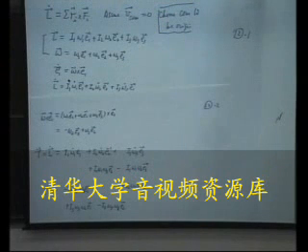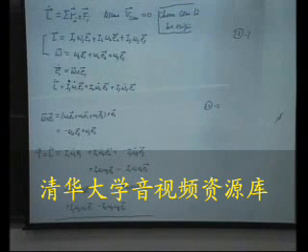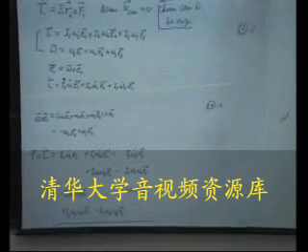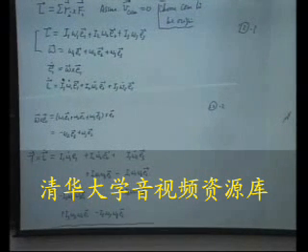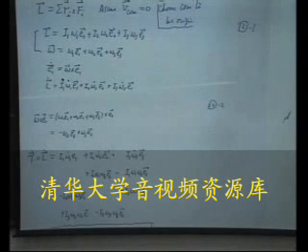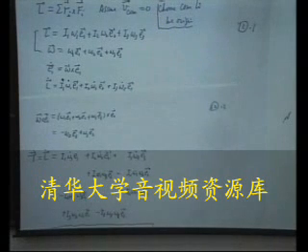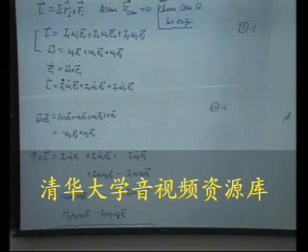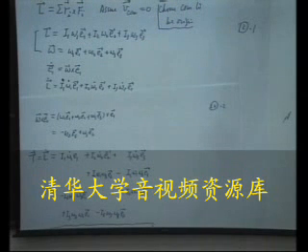You can also write this in the following fashion. You take this formula plus a cyclic permutation. The other two are cyclic permutations of this one.